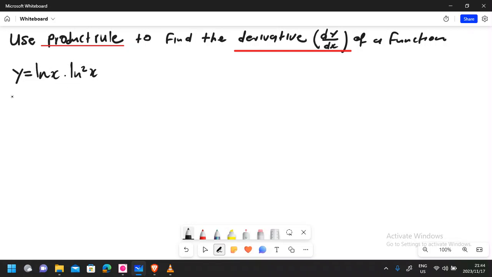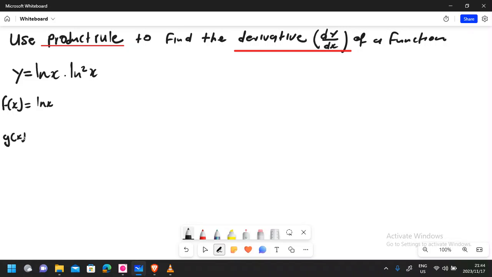So let's start with the first function where we have natural log. Let's say natural log x, this one, the first one here, we can say is equal to f of x. Now let's name the other one g of x.